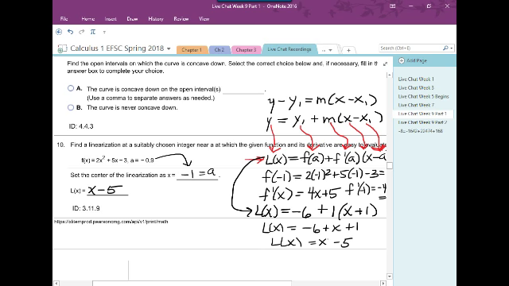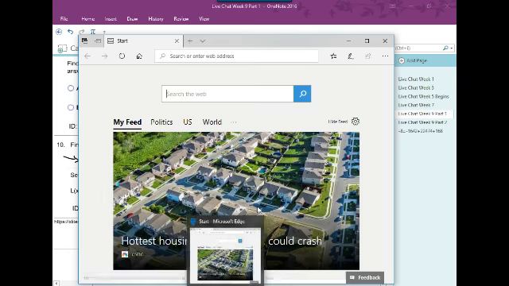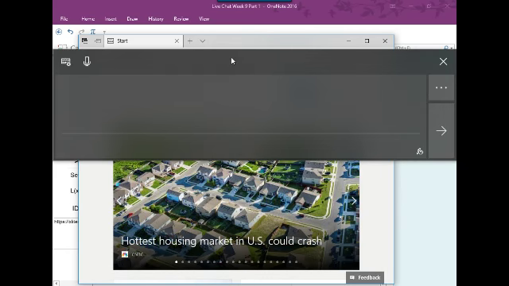So this line is very close to the function f near the point -1, and I just want to bring up Desmos.com and graph this for you real quick so you can see.